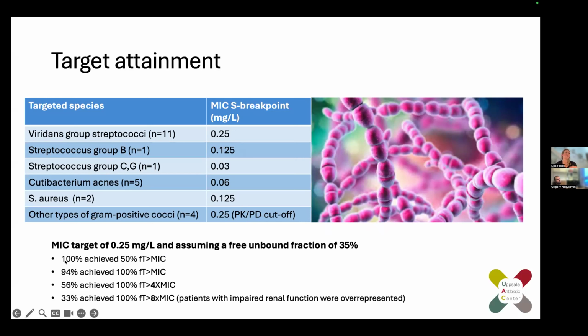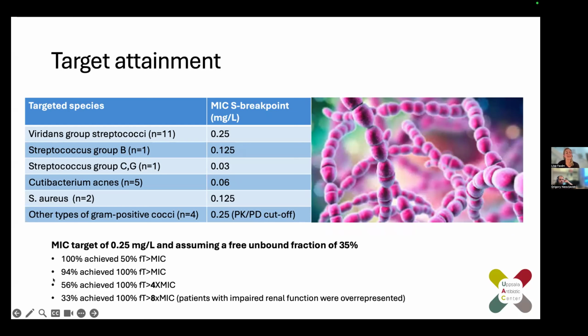So to simplify a little bit, I chose a MIC target of 0.25 milligram per liter, which was the highest susceptibility breakpoint for the pathogens observed in this population. And we assumed a free unbound fraction of the benzylpenicillin of 35%, since we were analyzing the total concentration.